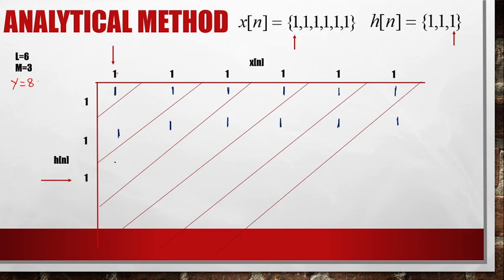Third row, first column, writing the 1 in the same row, 1 and 1, there will be a 1, and likewise for each remaining column.